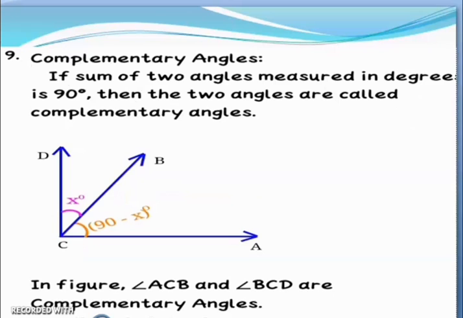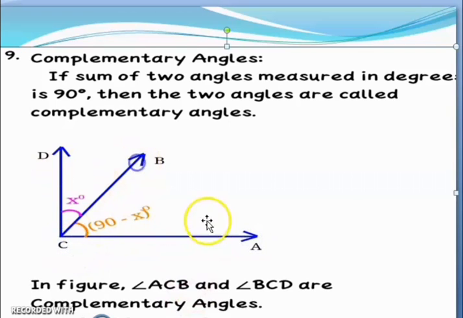After this, we have complementary angles. What are complementary angles? If the sum of two angles measured in degrees is 90 degrees, then the two angles are called complementary. Or we can say, when two angles measure up to 90 degrees, they are said to be complementary. In this figure, angle ACB and angle BCD are complementary.